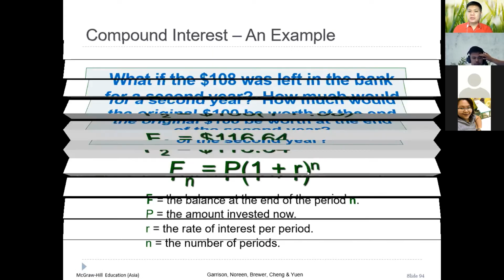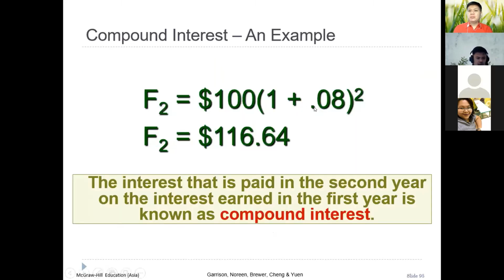So 1 plus 0.08 raised to the 2 is 1.1664. Multiplied by 100, you get 116.64. All right.